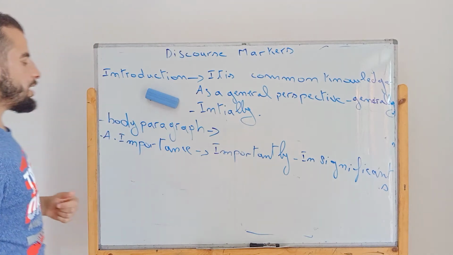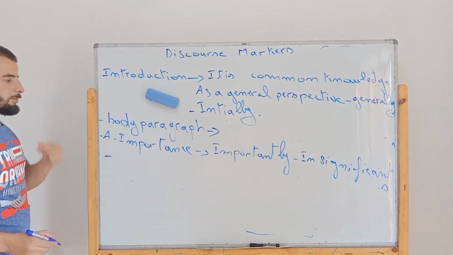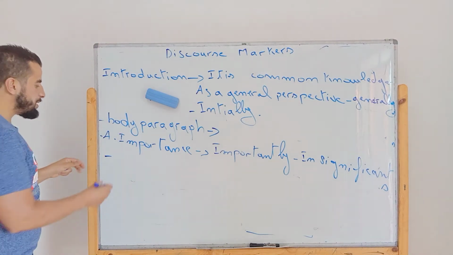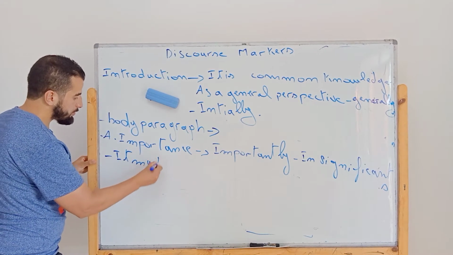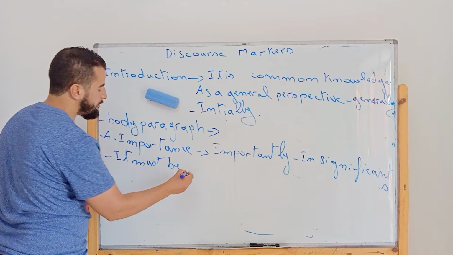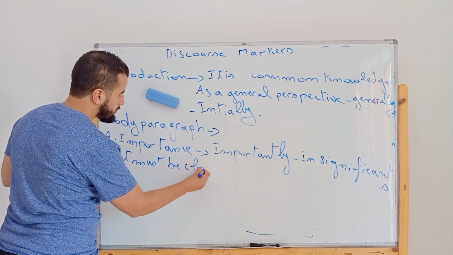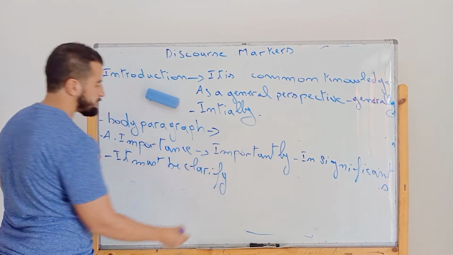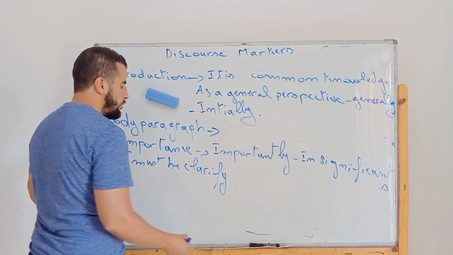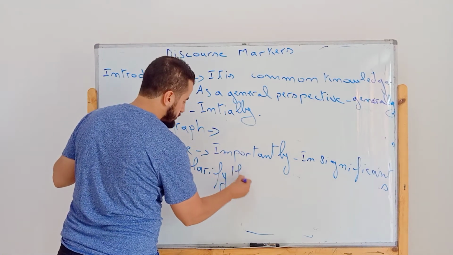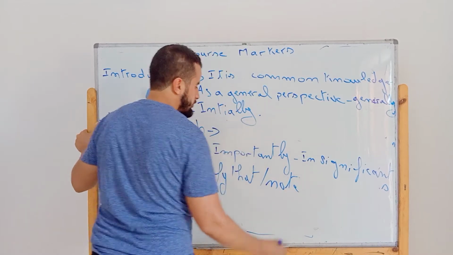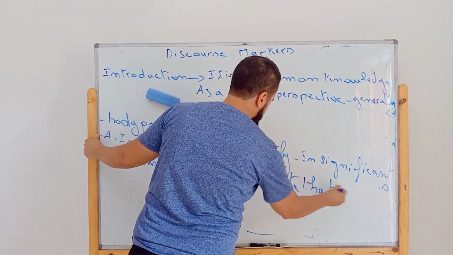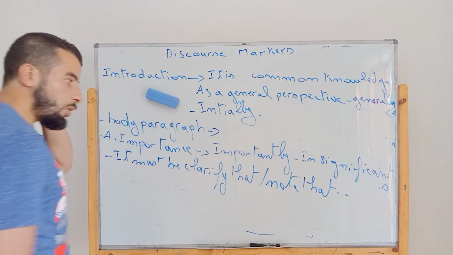What do we have also? We have it must be, clarify that, or know that, etc. Alright?